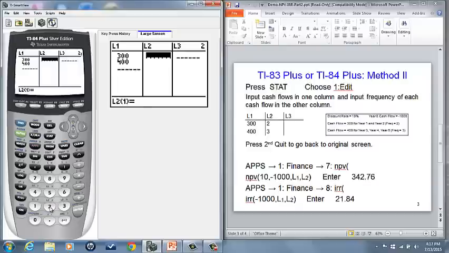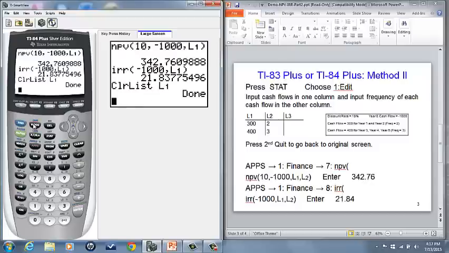So we input 2 and then enter. And 400 occurs for 3 consecutive years, year 3, year 4, and year 5. Therefore, the frequency of 400 equals 3. We input 3 and enter. And then we press 2nd QUIT to go back to the original screen.